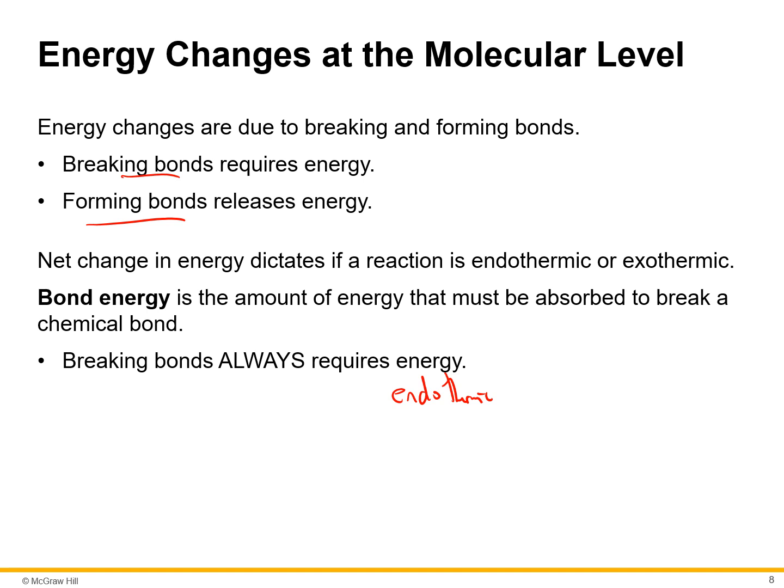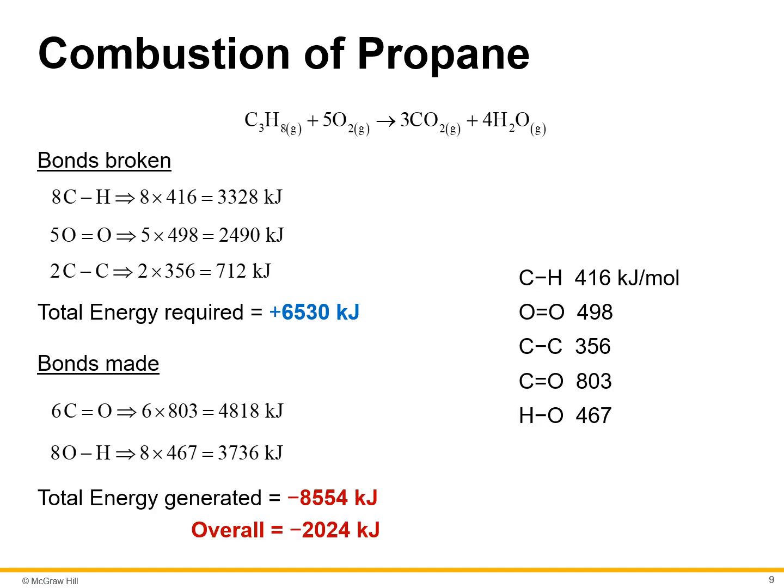So I just want to take this time to show the combustion of propane. If I drew propane here, which is 3 carbons, and remember each carbon should have 4 bonds, so I'm just drawing these H's around it. And this is water. Remember our Lewis structure for water.